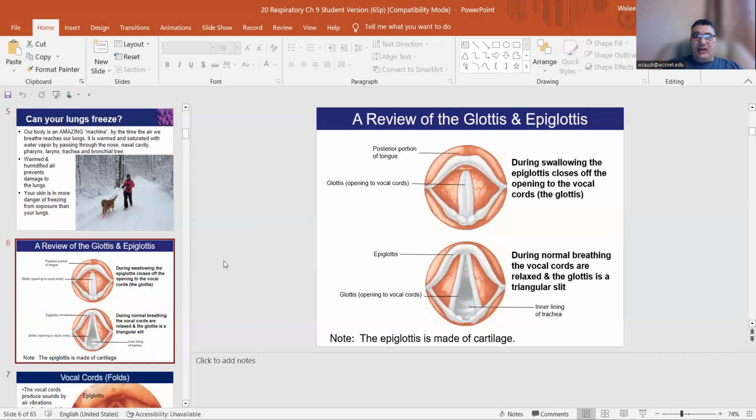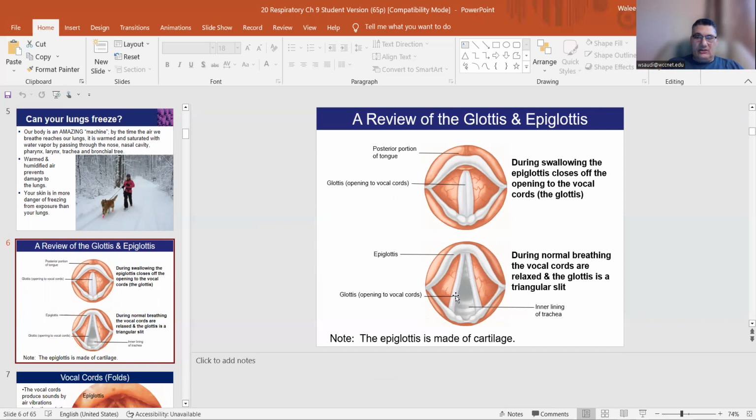So I mentioned in that picture the larynx in which we have the glottis, and the glottis is those two vocal folds or vocal cords. Look at those two.